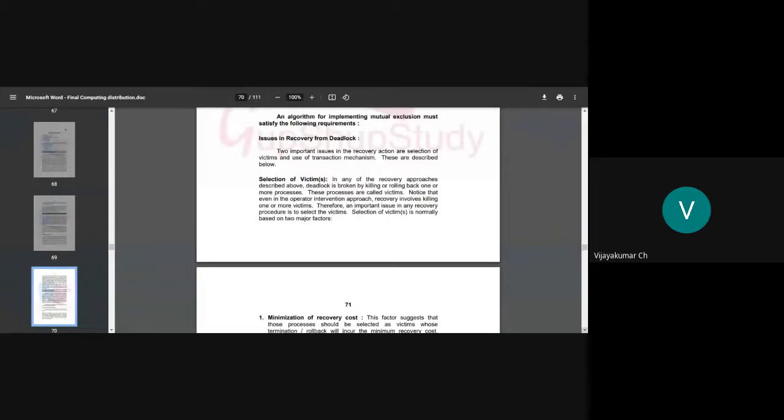Therefore, an important issue in any recovery procedure is to select the victims. Selection of victims is normally based on two major factors. The first one is minimization of recovery cost.